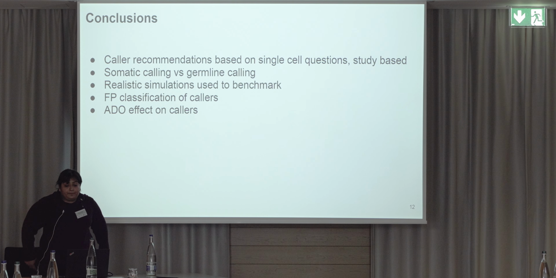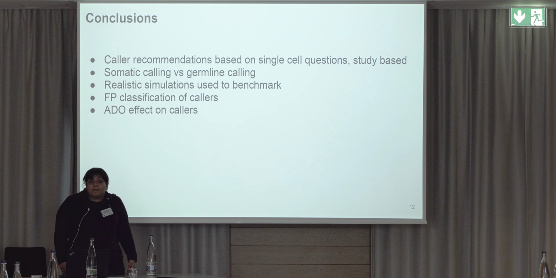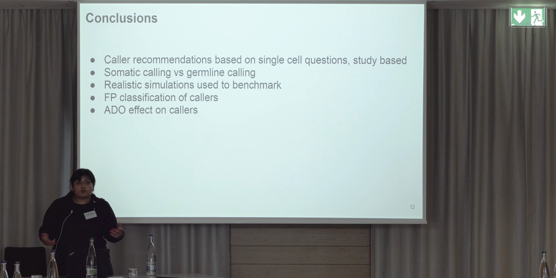So in conclusion, the aim behind this study was first for the lab itself, to identify reliable mutations from so much single cell data that we have in hand, but also to help people choose a caller for reliable mutations, making an informed decision basically, depending on whether you want to do somatic calling or germline calling.